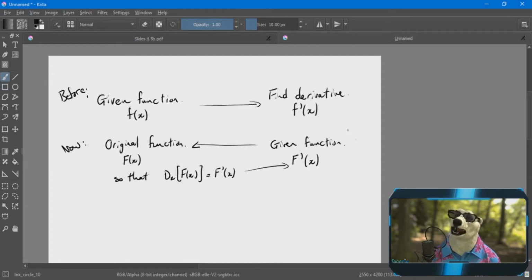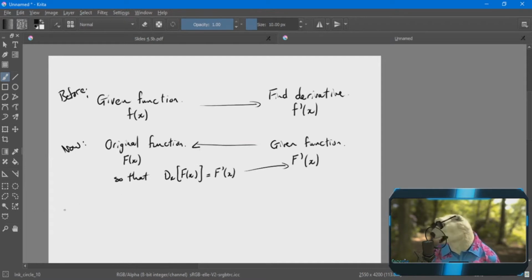Now we're going to be given the derivative, a function that is the answer to the derivative question. We have to find what was the original function that it came from, so that when I take the derivative of the original function, I get this given function. So it's the same link between function and its derivative, but the starting point is flipped around.